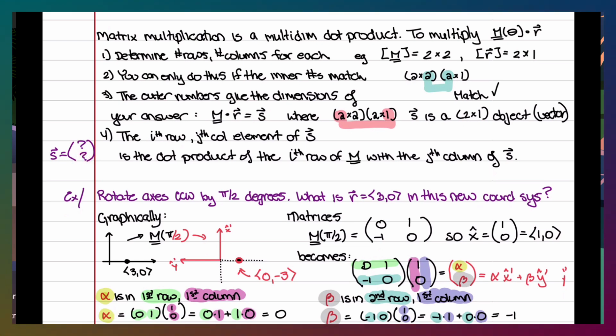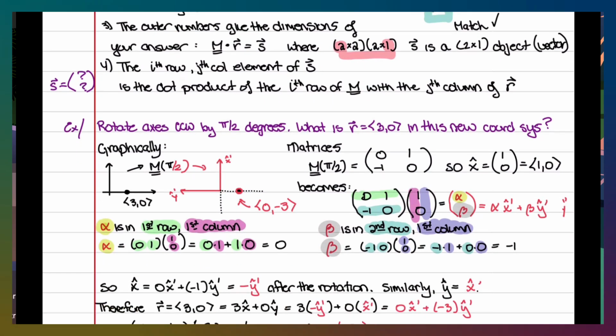This top number is in the first row, first column. So you just take the dot product of the first row of M with the first column of, this should have been R, the first column of R. And then the second element is in the second row, first column, so you do the dot product of the second row of M with the first column of R.